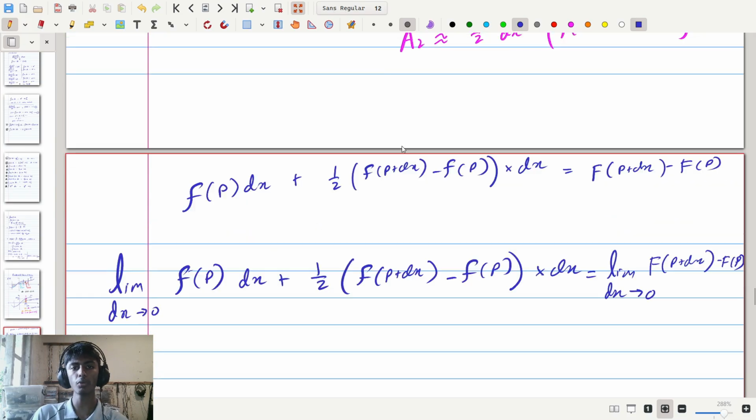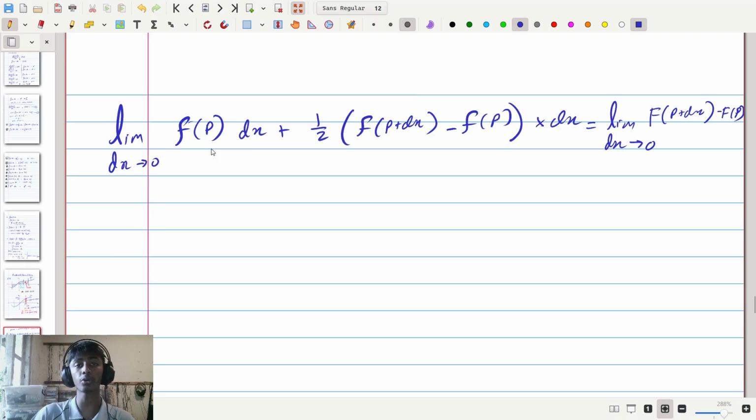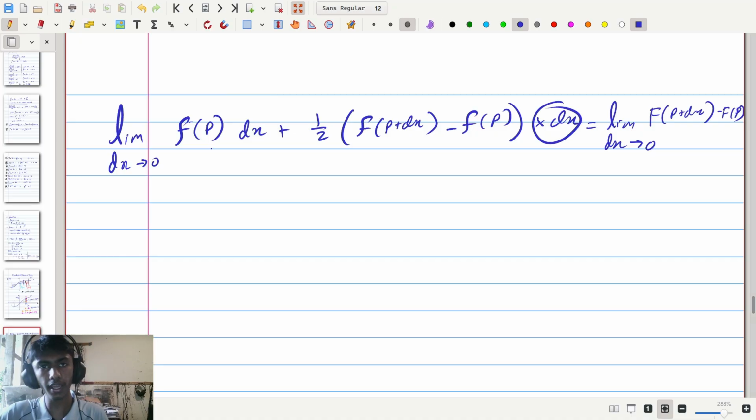Now then, what we're going to do here first is divide everything by dx. Here, since dx is only approaching 0 and it's not equal to 0, we can totally do this. Doing this here, we can see on the left side we have a dx here and a dx here which get cancelled, and on the right side we just have to add a divide by dx.